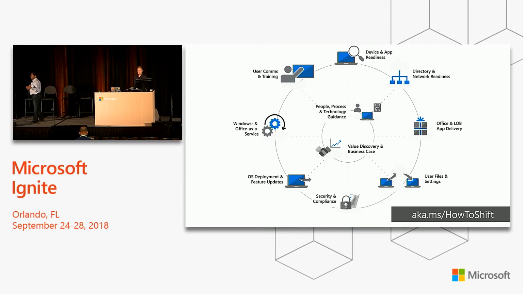And then how do you patch this for your updates? It's a constant cycle, right? Now, as I said, we have this consolidated. If you go to aka.ms/howtoshift, that's one single stop where you can get all the information that you need, with documentation and help to go through this process.